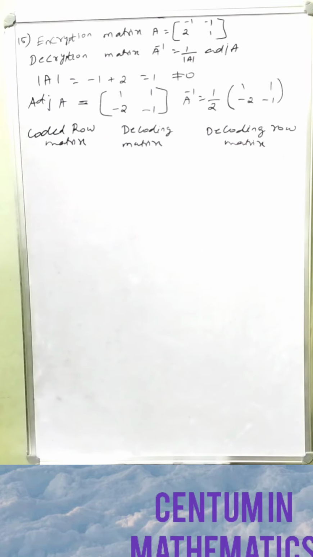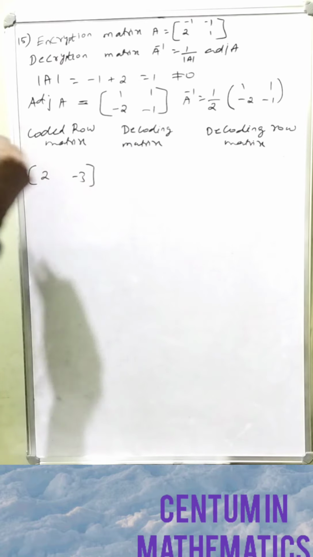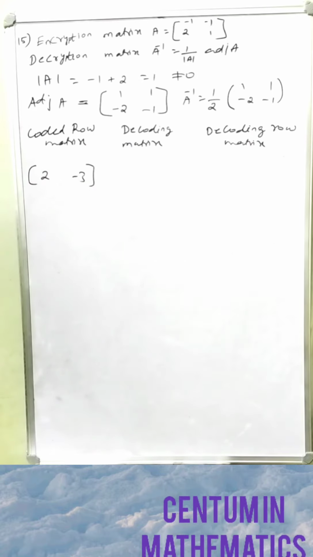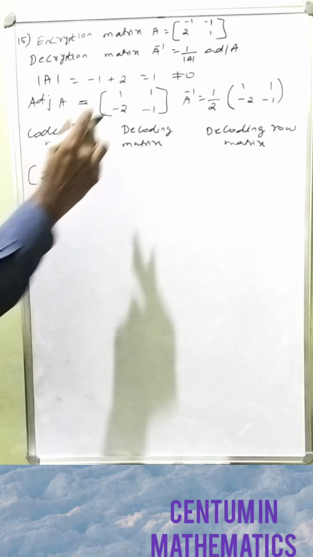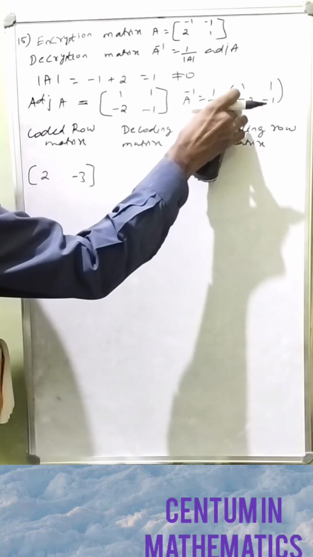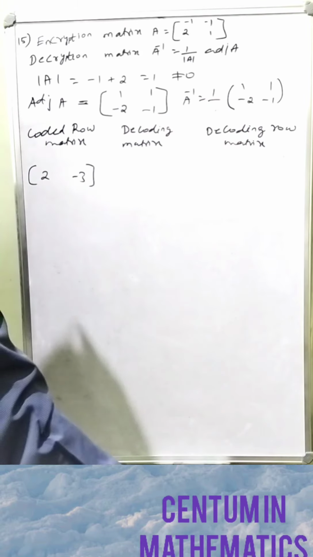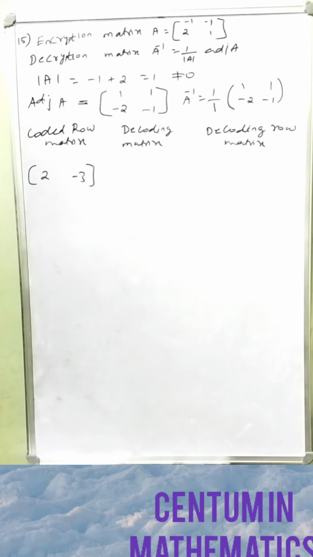See that here, 2, 3 is the coded row matrix. The decoding matrix we got is A inverse. So with A inverse, minus 1 plus 1, we get 2. Minus 1 plus 2 is 1, so we get 1. So we get the answer this.